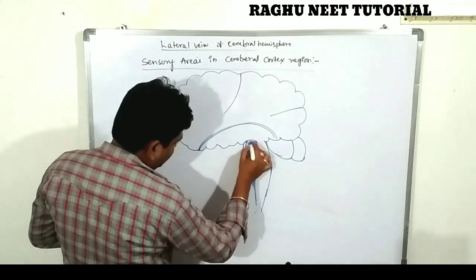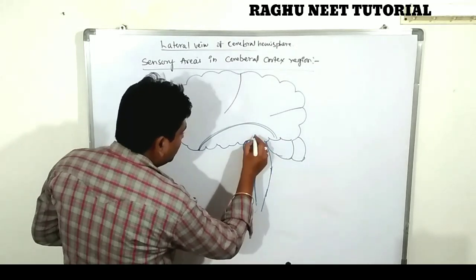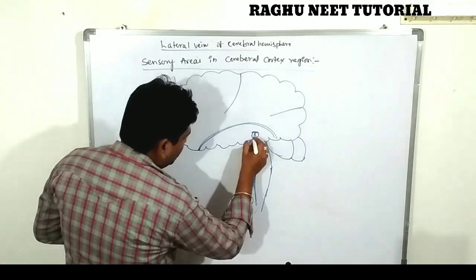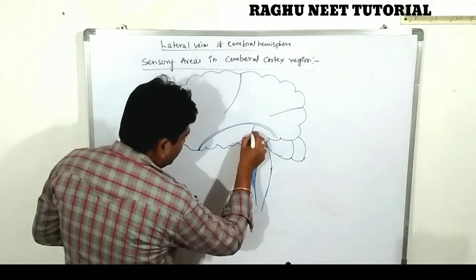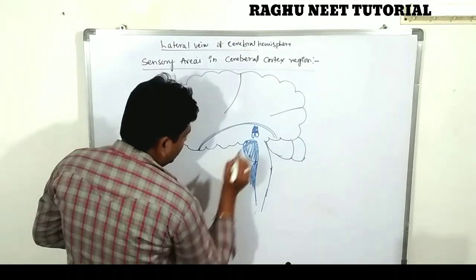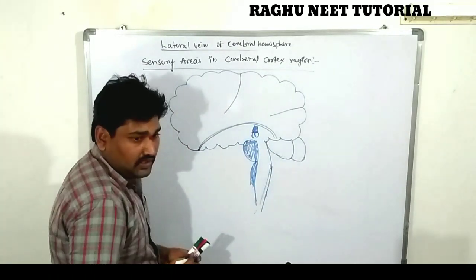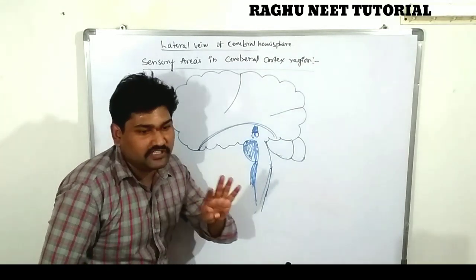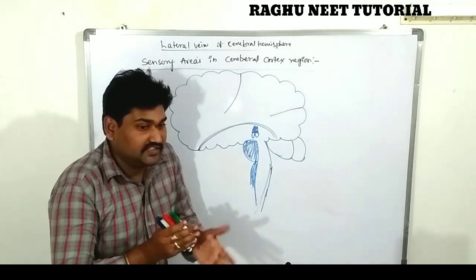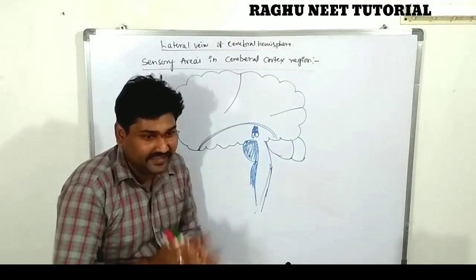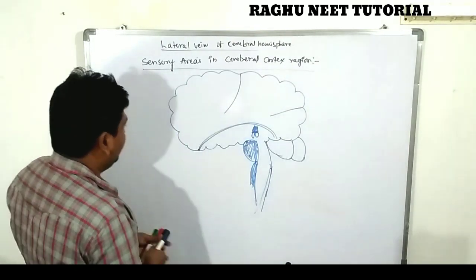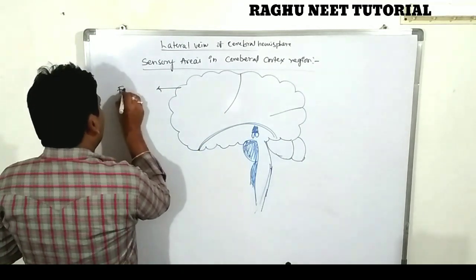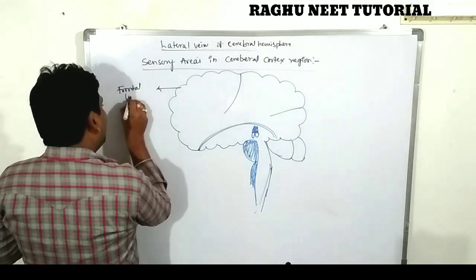The sensory areas. Clear? Yes. According to the sensory areas, there are 4 sensory areas. The sensory areas can be classified based on their features. First one is the frontal lobe.